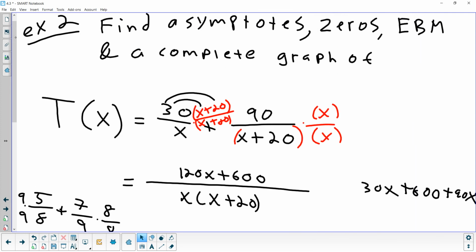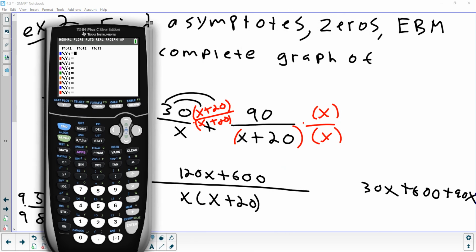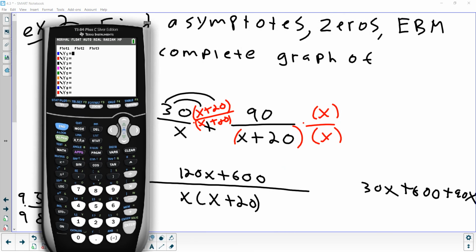I'm going to type in the one where we combined it all, just because it's one fraction instead of two. So 120x plus 600 divided by, and I'm going to FOIL out the bottom because that's even less parentheses I have to put in this problem. So you'd have x squared plus 20x. This is the easiest way for me to type it in.